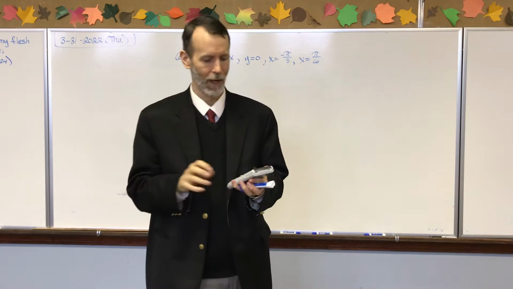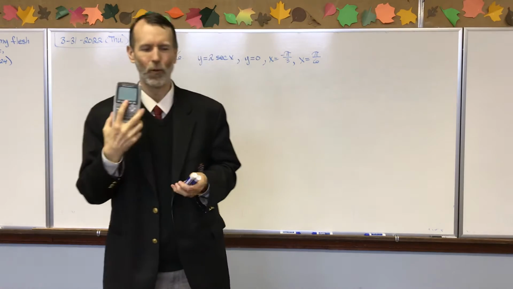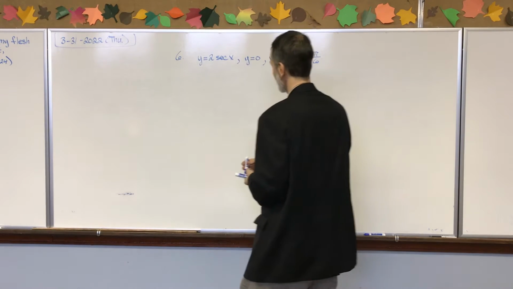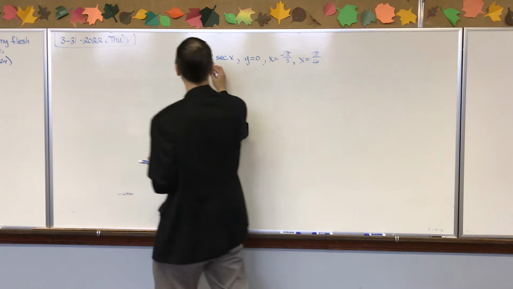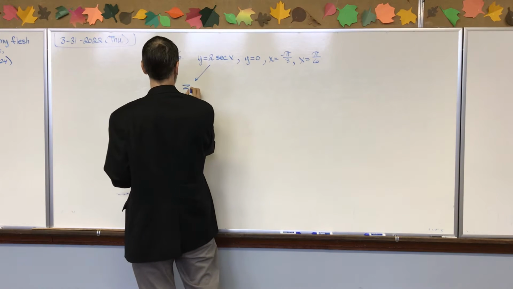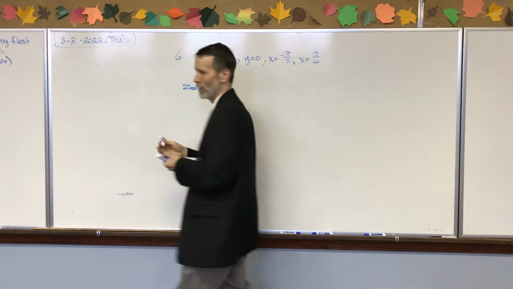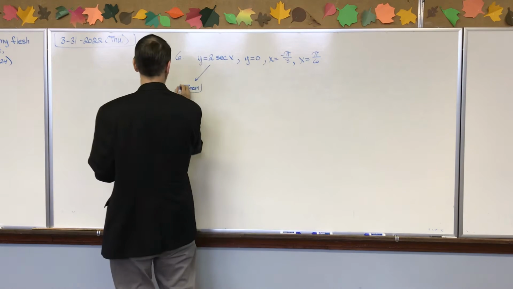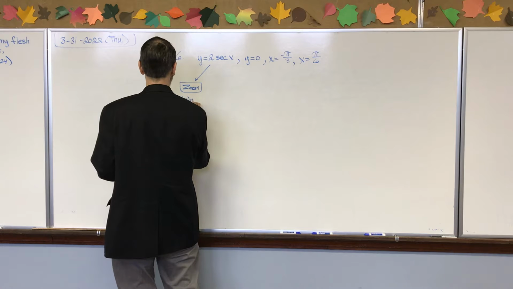And in order for this graph to work, I need a correct zoom setting. This is where things get really interesting. If you want to use it on the calculator, you need to be familiar with the zoom key, and you also need to be familiar with the window key.